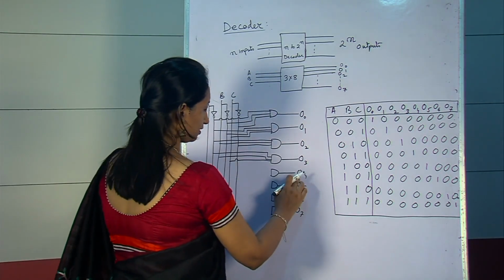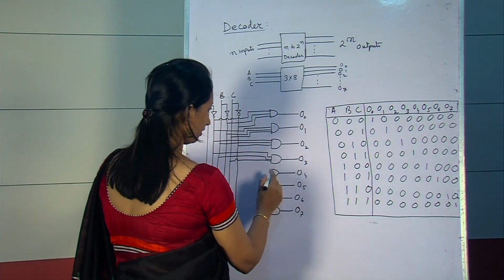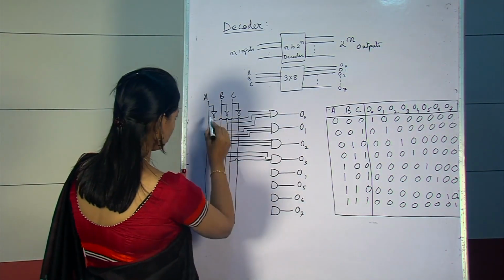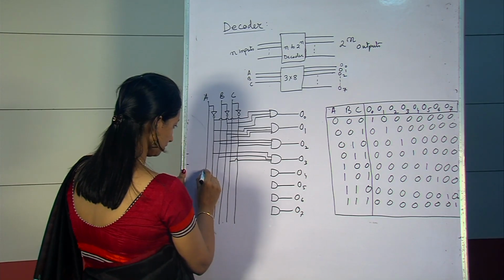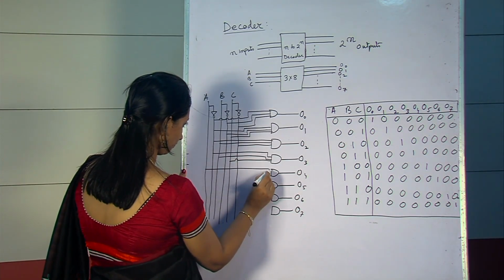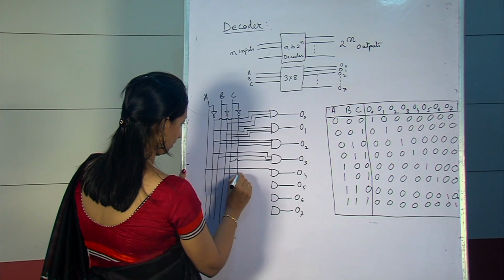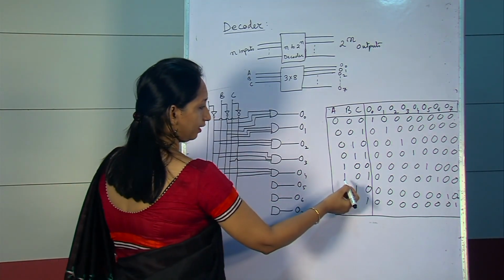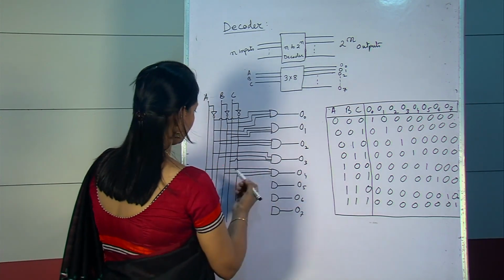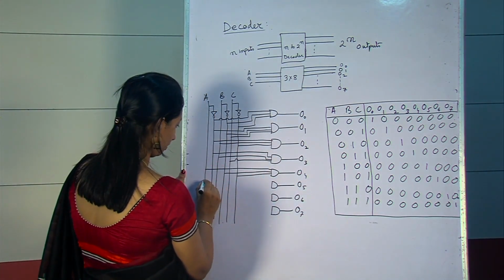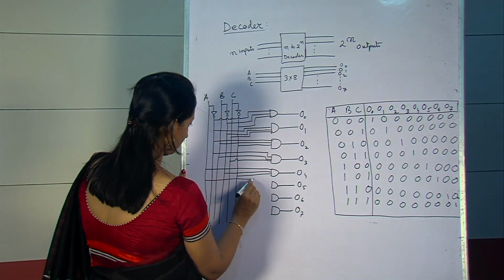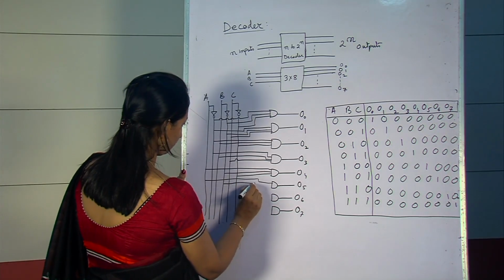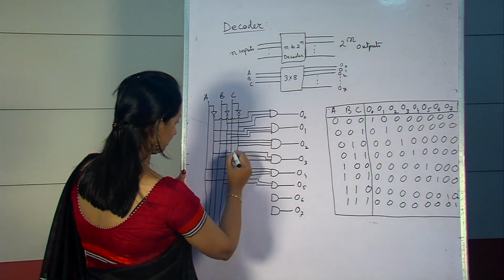For the next case, when output O4 is high, A is high, and the rest B and C are 0. So this line is high, and B and C are low. Then A and C are high. So here A is high, B is low, and C is high.